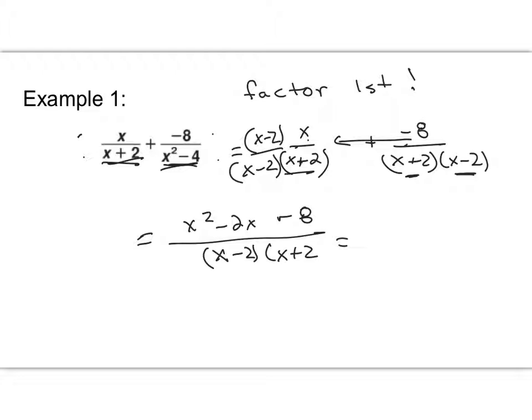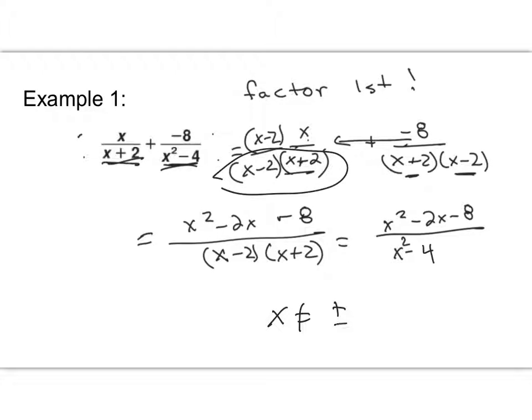And if I re-multiply that out, I get x squared minus 2x minus 8 over x squared minus 4. Pretty easy, right? Oh, I almost forgot my domain restrictions. If you look here, x cannot equal plus or minus 2, or the whole thing is undefined.